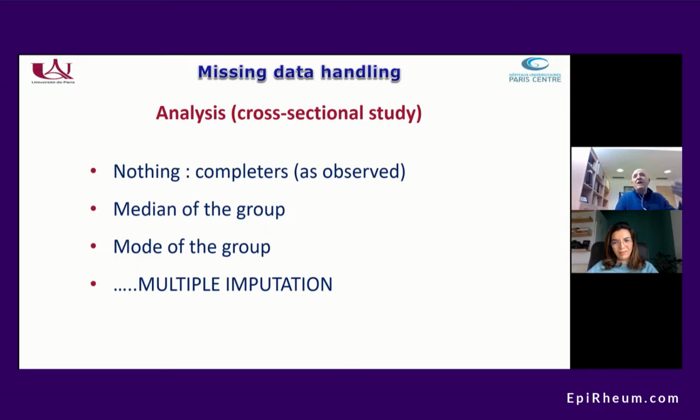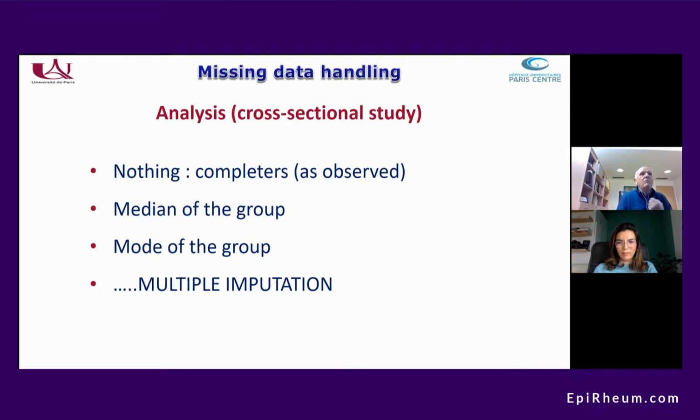If you have 5 males and 3 females, you calculate the percentage of males in these 8 patients and not in the 10. But you may say, it would be better if I considered the 10 patients and not the 8. So in this case, you can take the median of the group, you can do what you want. But currently, I would say that the sophisticated technique is the multiple imputation.